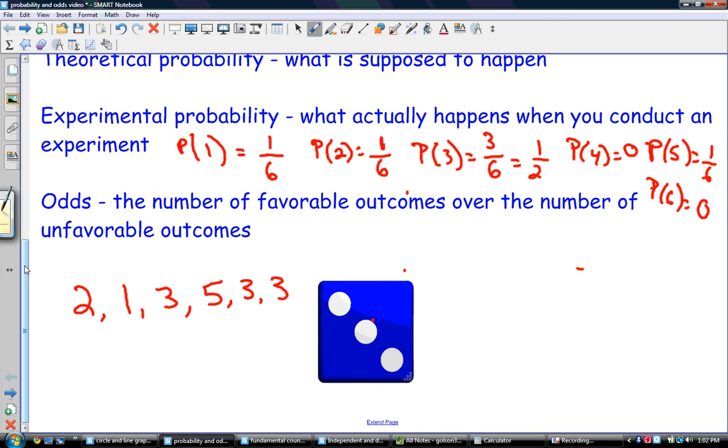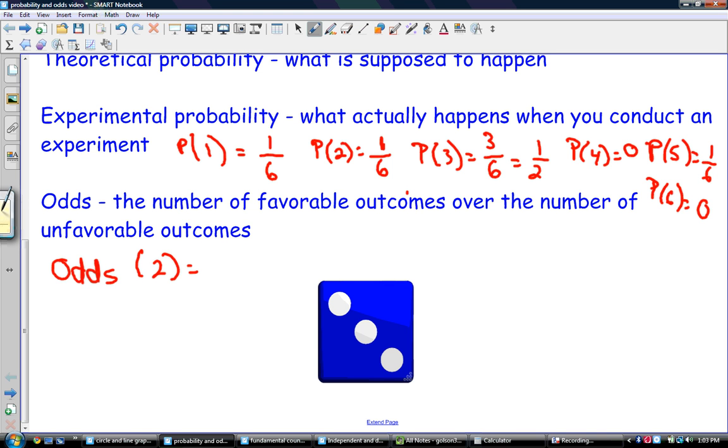Okay? Now, odds are very similar to probability, slightly different. Odds, instead of being a favorable over the total outcomes, it's your favorable outcomes over the unfavorable outcomes. So if I wanted to find the odds of rolling a 2, then I have still 1 favorable outcome, but instead of 6 total outcomes, I have 5 unfavorable outcomes.